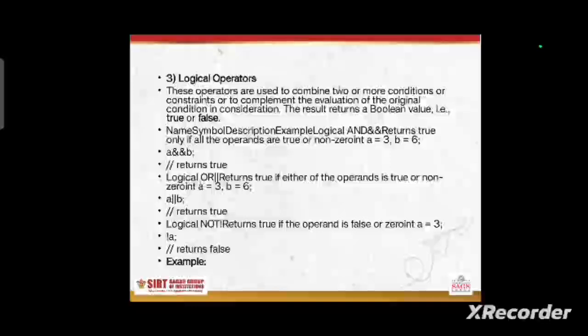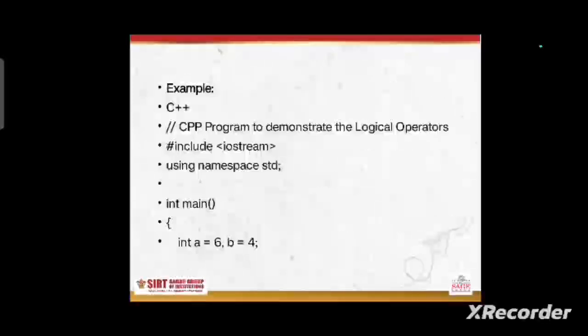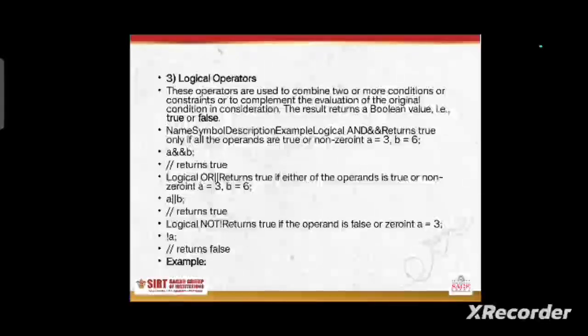If the condition is false, then it will give the result false. Logical and returns true only if all operands are true. Logical or returns true if either of the operands is true or non-zero. Logical not returns true if the operand is false or 0. So these are the logical operators.